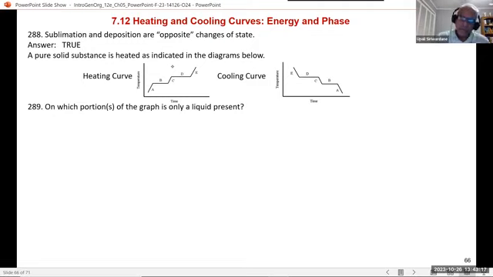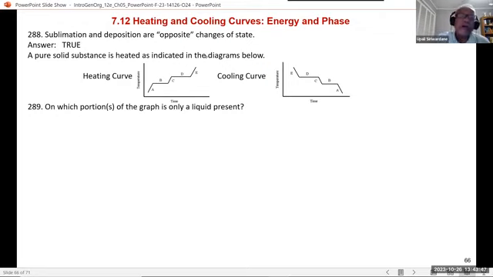Therefore, the answer where the liquid is present is C. If I ask you where the steam is present, it's going to be E. Where the ice or solid is present, it's going to be A. The phase change of fusion is B. D is evaporation or condensation.